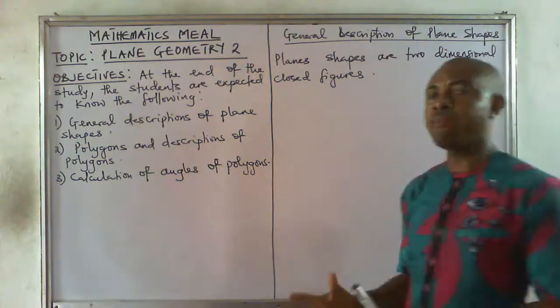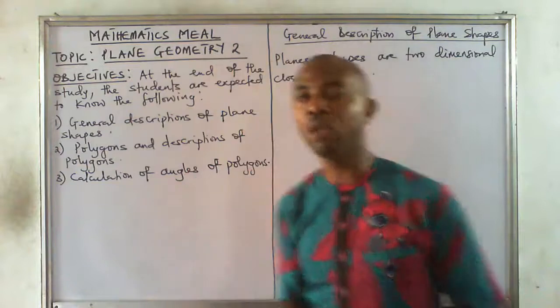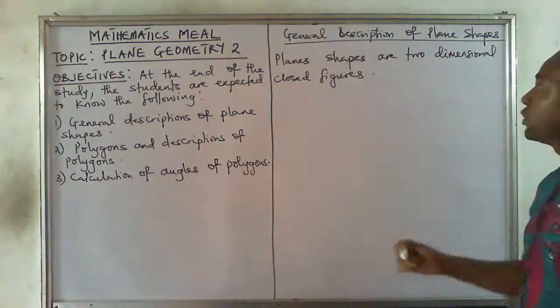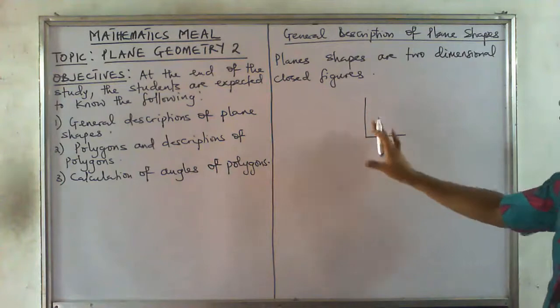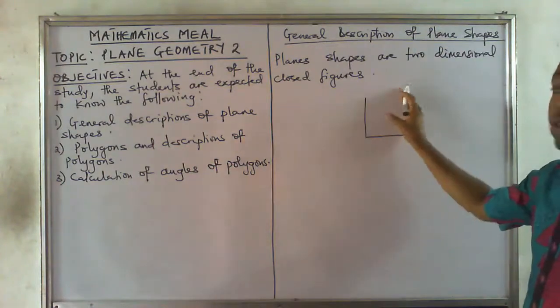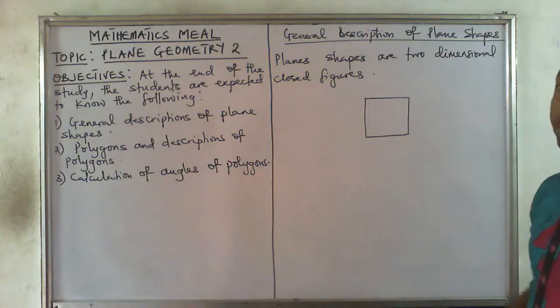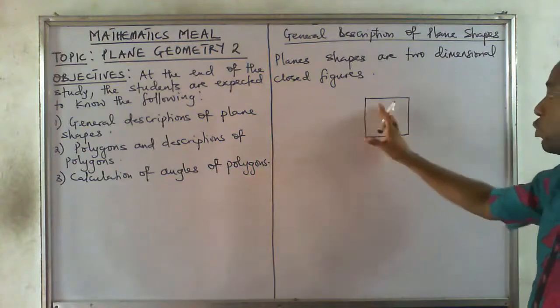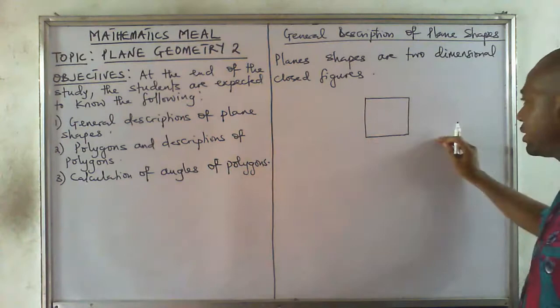It must have 2 dimensions, and it must be a closed figure. So if I draw this, it's not a plane shape because it's not closed, it's still open. But when I do this, it is a plane shape. It is 2-dimensional. This is a dimension and this is a dimension.